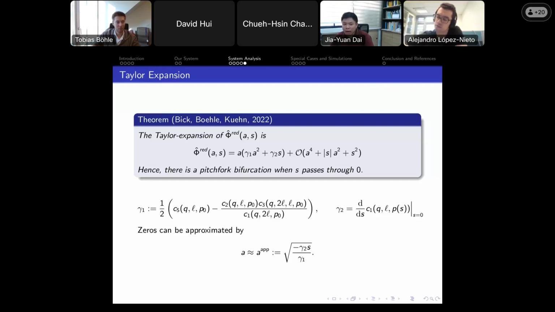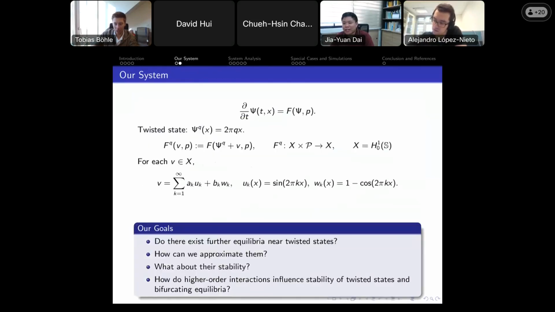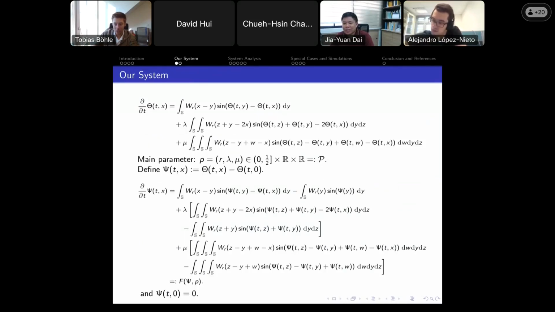And do you know why? Just by calculation, or is there some symmetry argument? So here in the system, this is the triplet interaction that we have studied. But you could also consider the triplet interaction which is theta of x plus theta of y minus 2 theta of z.